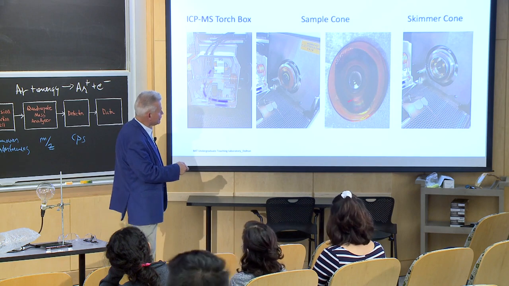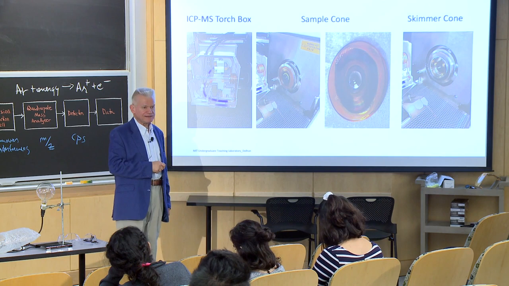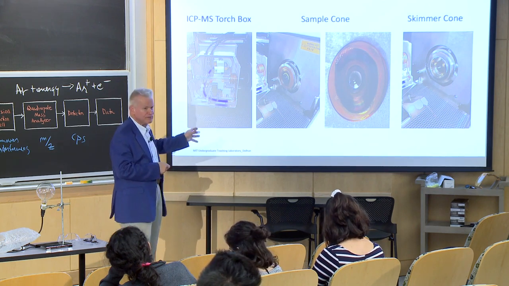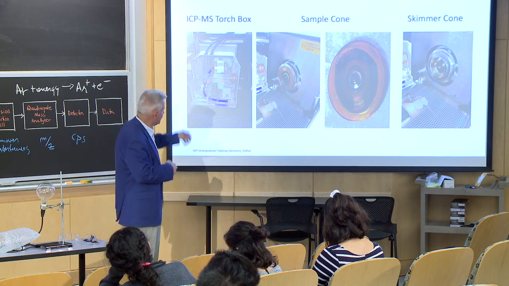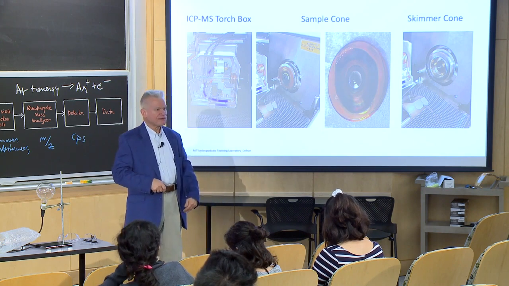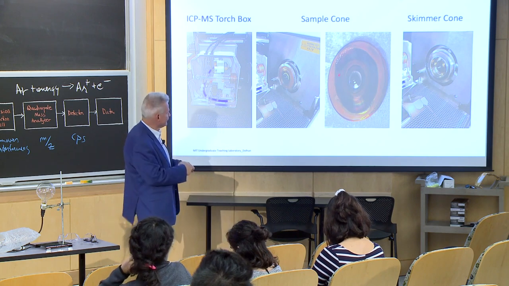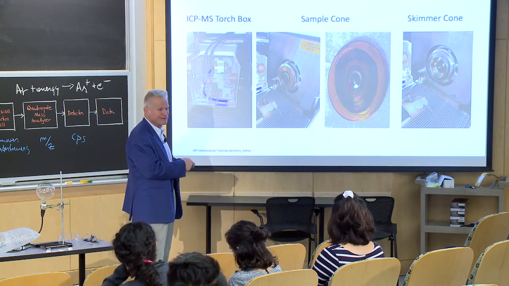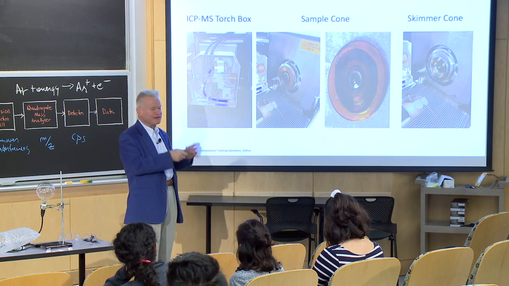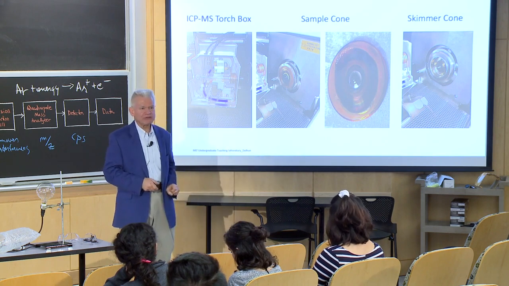And what this cone is, it's made of copper, and it's got a nickel center with a little hole in it. And what happens is there's a grounding system here. So the electrons coming out of this torch box, coming out at the speed of light, go to ground. The positive charges, the ions, cannot go to ground, so they build up on this cone. And here you've got a cone with all these positive ions building up with a tiny hole in it. It's a no-brainer. They get pushed through.